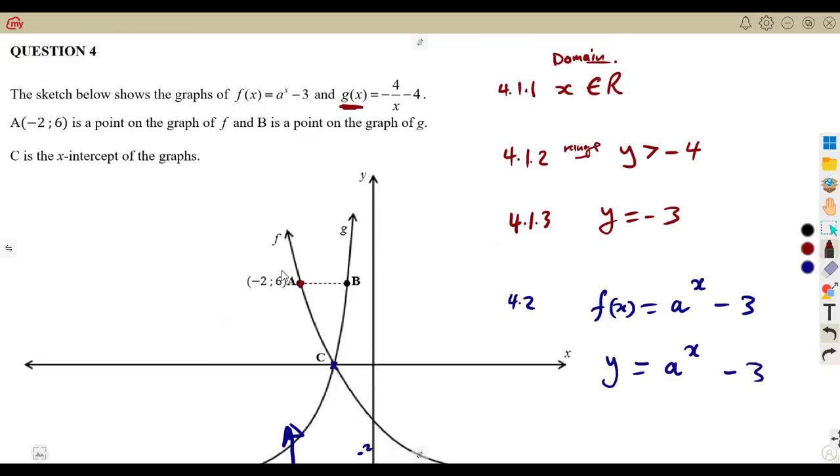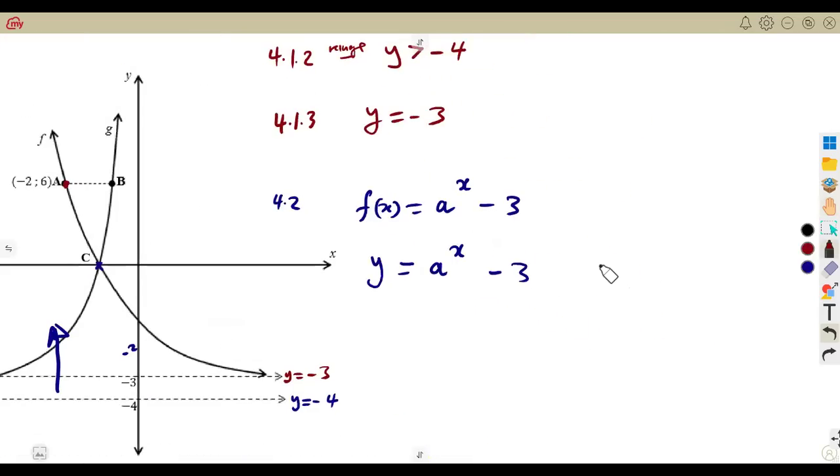Remember, A is a point which lies on the graph of f. So using the point A, which is given as (-2, 6), they gave us the x value, they gave us the y value. It's a point which is found on the graph, just like what you had in your grade 8 mathematics.